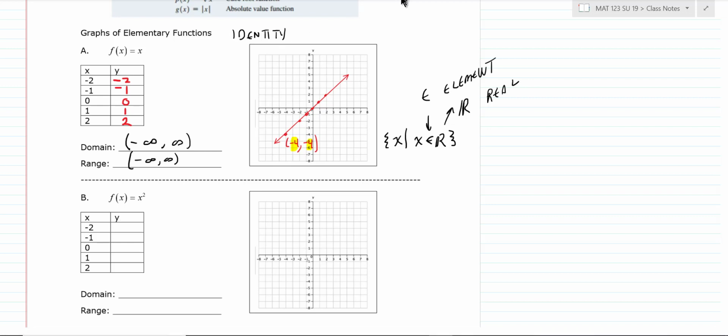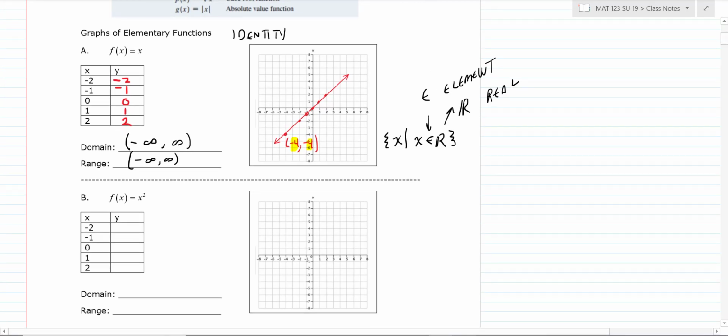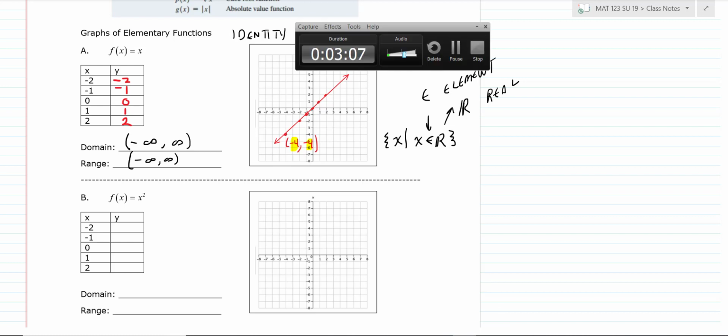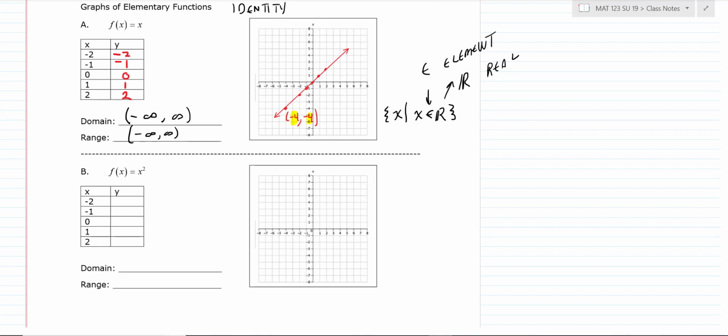All right, now if we go to the next thing, on the next one, what we'll look at is what we call the squaring function.